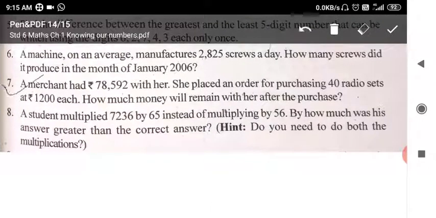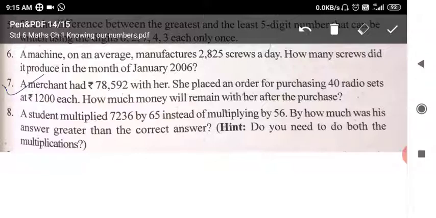Question number 7. A merchant had rupees 78,592 with her. She placed an order for purchasing 40 radio sets at rupees 1200 each. How much money will remain with her after the purchase?